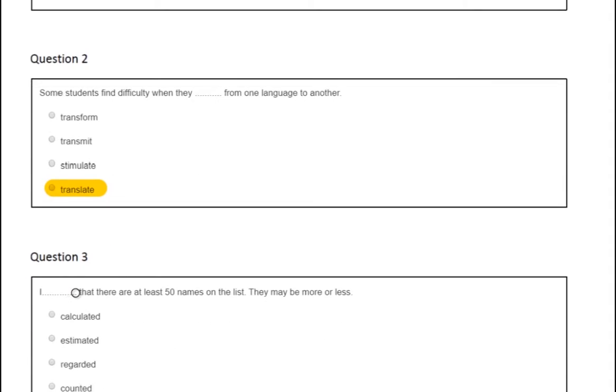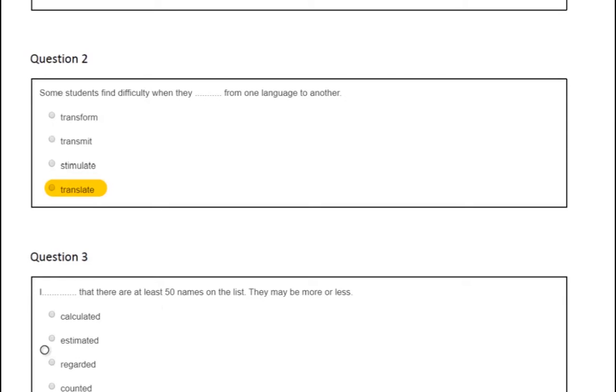Question number 3: blank that there are at least 50 names on the list. They may be more or less. This sentence indicates that the speaker is not sure about the correct amount or the correct number.